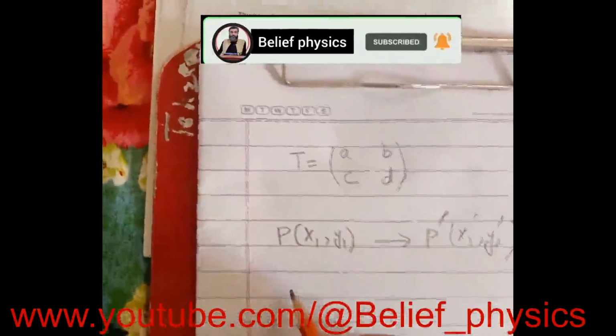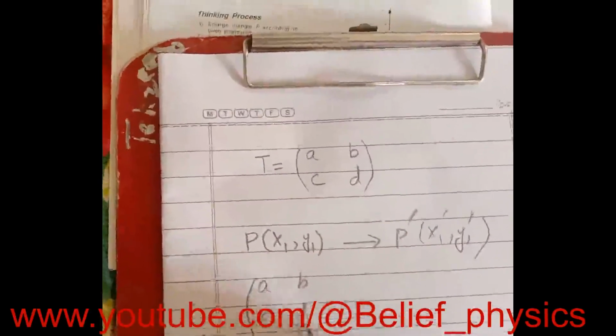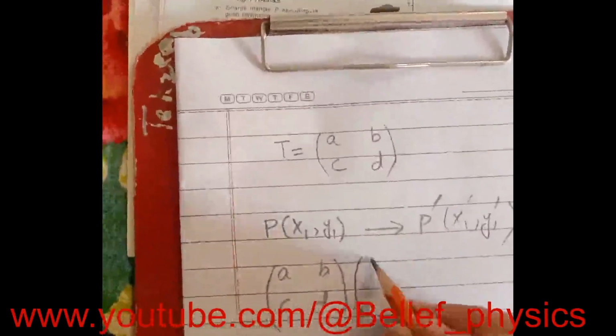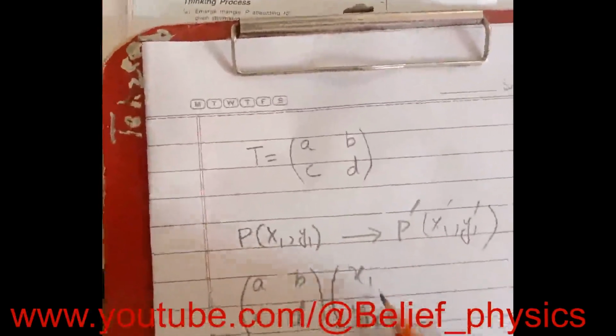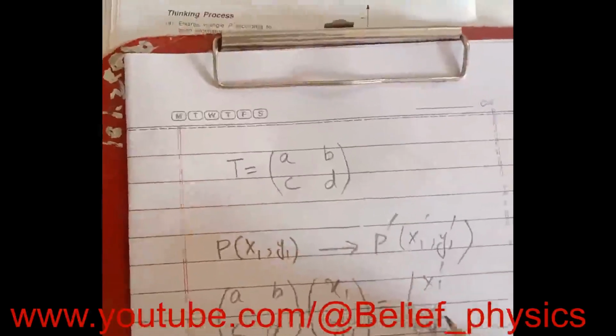The matrix representation will be the transformation matrix ABCD times the object points x1 y1, which should be equal to x1 dash y1 dash.